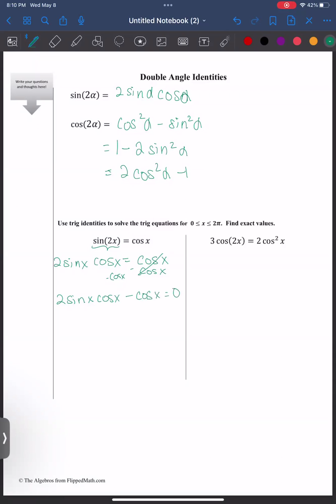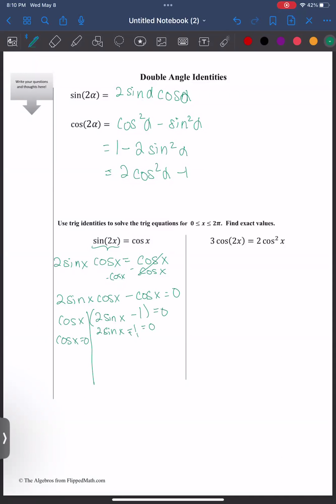Well, now, just like in the previous problem, I have a cosine in both, so I'm going to go ahead and factor that out. That's going to leave me with cosine of x times 2 sine of x minus 1 equals 0. So cosine of x equals 0, and then 2 sine of x minus 1 equals 0.